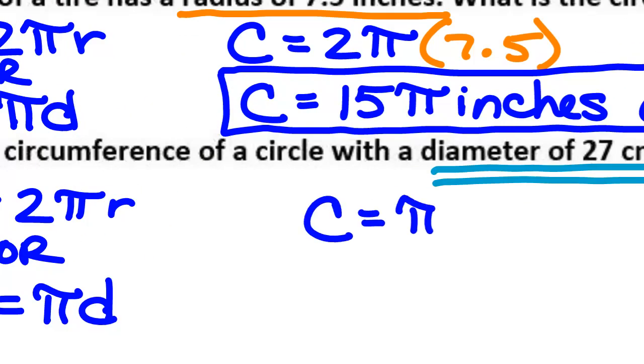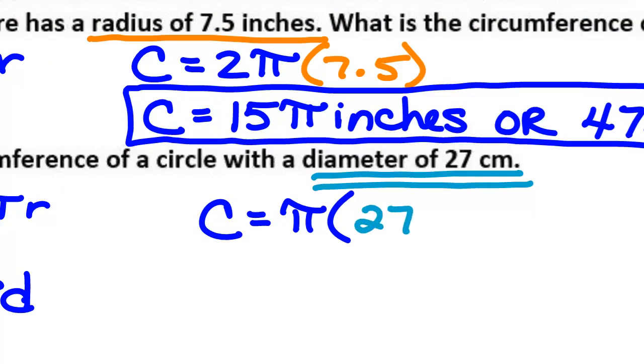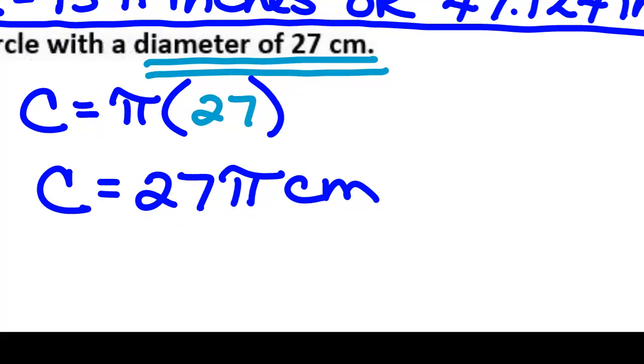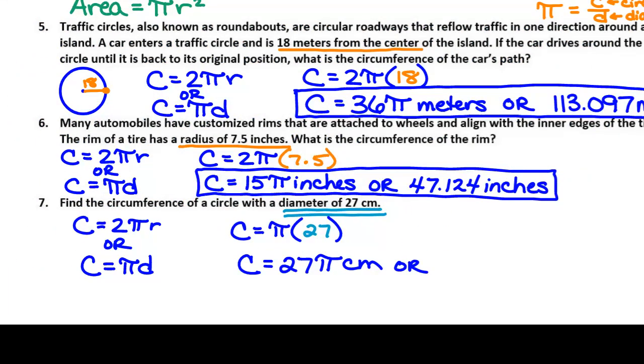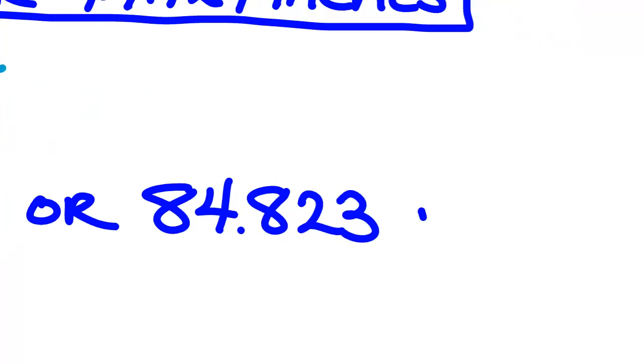Circumference equals pi times our diameter of 27. So the circumference would be 27 pi centimeters, or, yes, 84.823 centimeters.